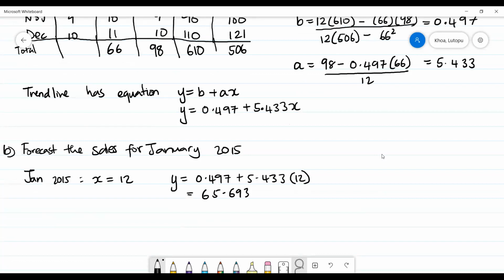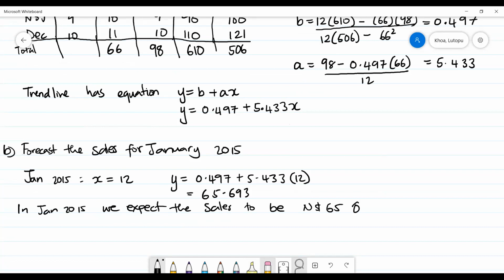So in January of 2015, we expect the sales to be 65.6, so I just multiplied by 1,000. Okay, so that is how much we expect the sales to be.